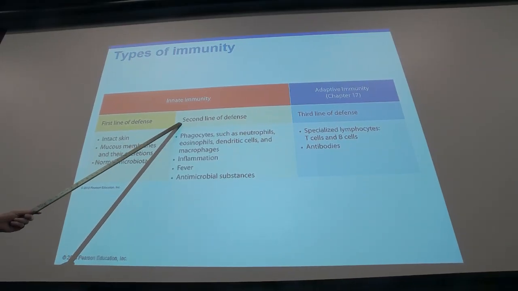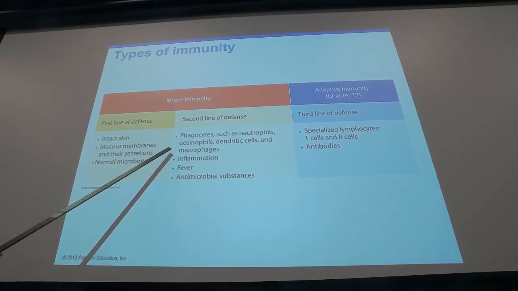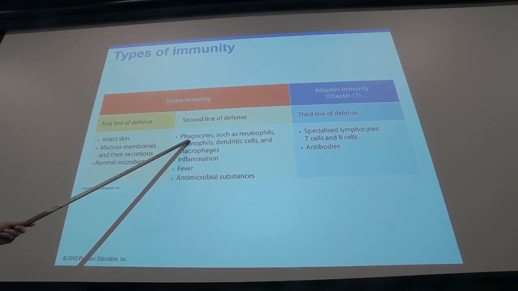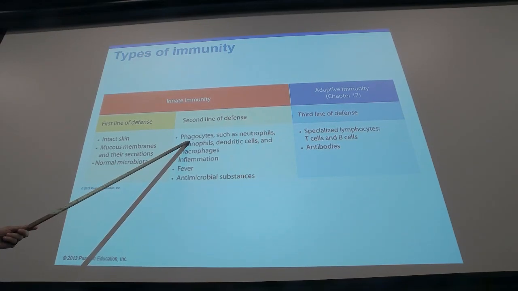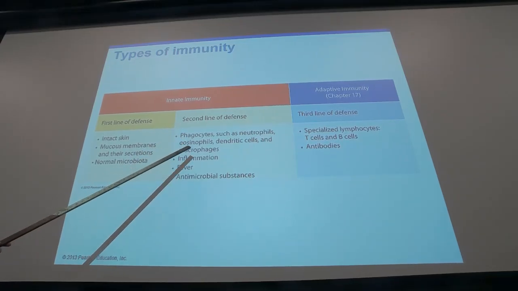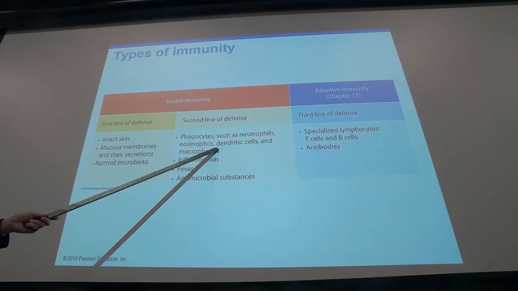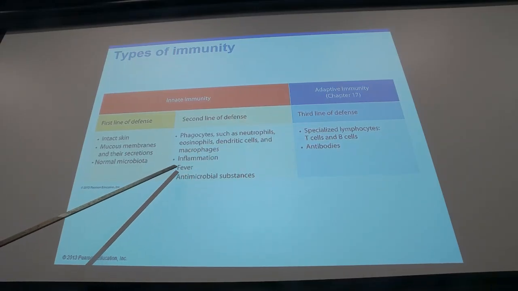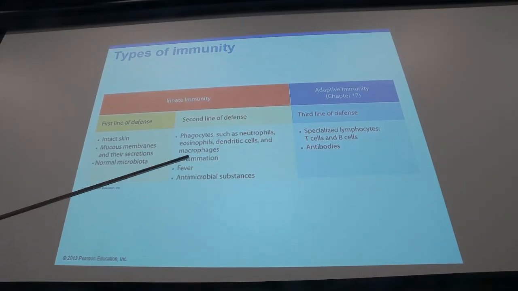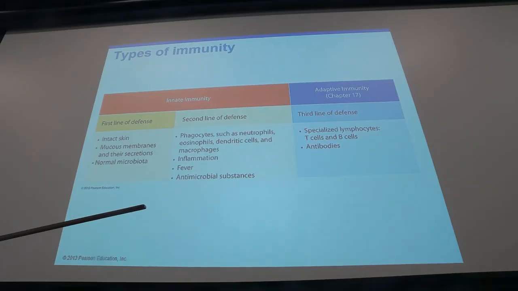For the second line of defense, we will have cells of the blood like phagocytes, which will be neutrophils, macrophages, eosinophils, basophils. And then we have dendritic cells that are found within little structures in our body that we call lymph nodes. And as well, we have molecules that are part of the inflammatory reaction.